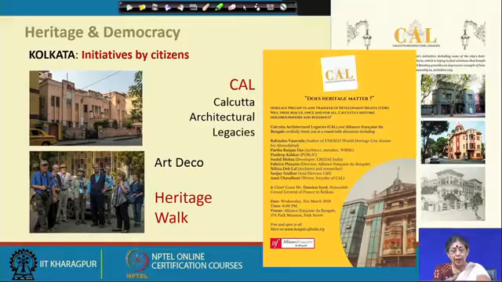Recently they had a panel discussion just after the Kenilworth Hotel incident, and they are trying to bring together various people: promoters, developers, academicians, experts, and people from the government who are aware that there is a heritage we are losing.